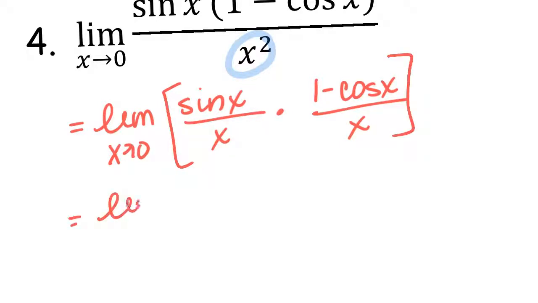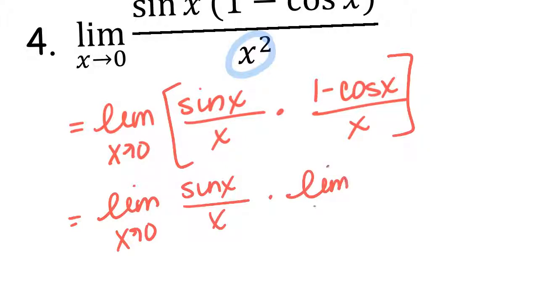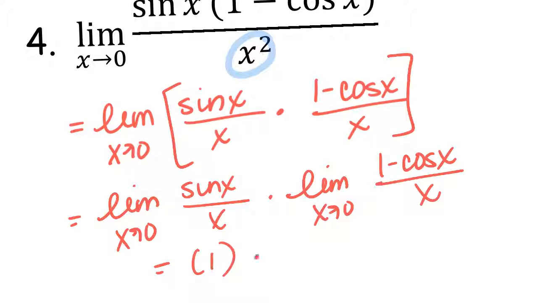That becomes the limit as x approaches 0 of sine x over x times the limit as x approaches 0 of 1 minus cosine x over x. If you look above, the limit of sine x over x is going to give you a value of 1. And the limit of 1 minus cosine of x over x is going to give me a value of 0. So if I multiply this together, my answer is 0.